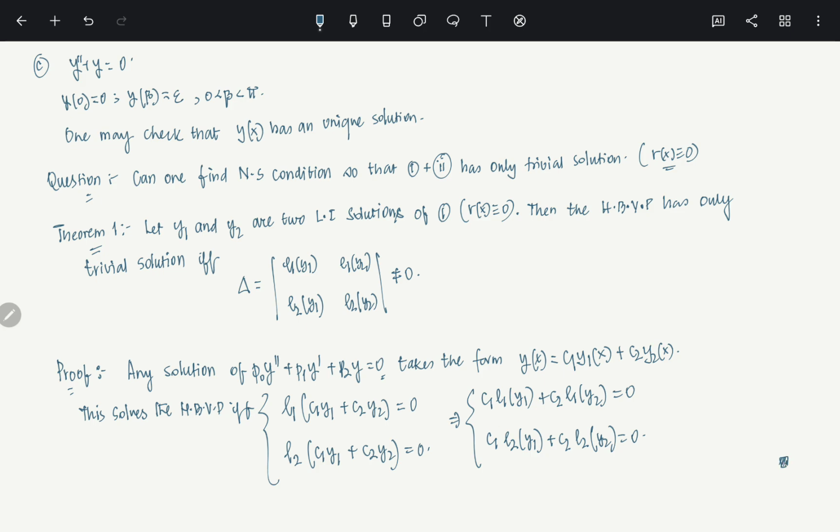This system has the trivial solution c1 equals c2 equals 0 only if delta is non-zero, where delta is the determinant. So essentially the theorem is proved. The quantity delta has to be non-zero, very easy to see.